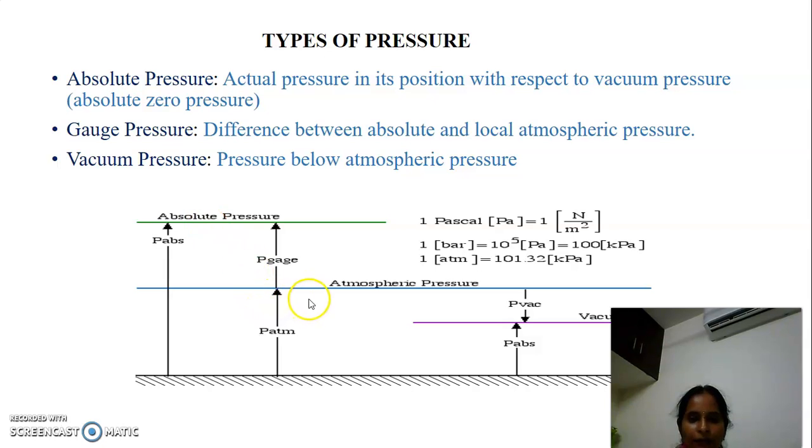If the existing pressure is lower than atmospheric pressure, then the absolute pressure would be atmospheric pressure minus vacuum pressure. Below this blue line you can have negative pressures. So vacuum pressure means pressure below the atmospheric level, and it is obtained by atmospheric pressure minus absolute pressure.